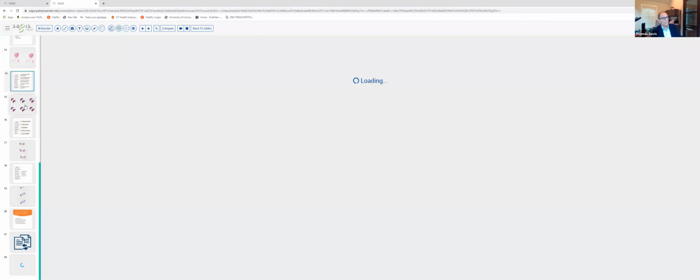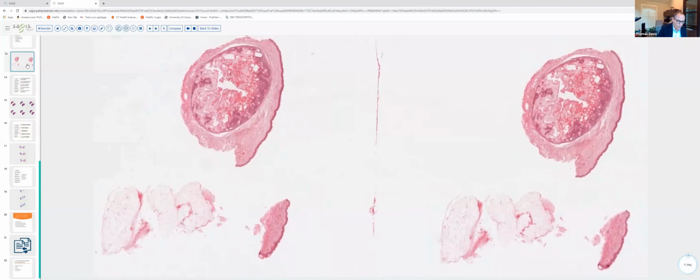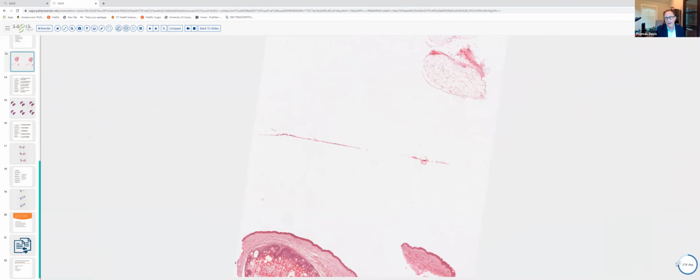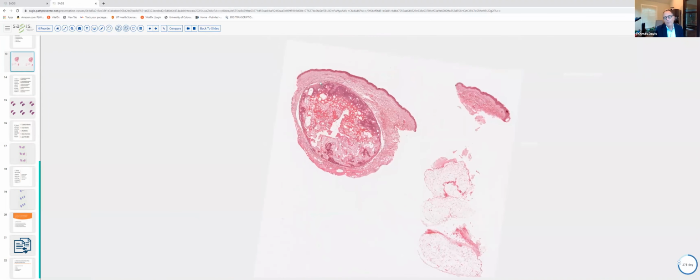Okay, let's go ahead and move on to our next case. Again, we're still kind of in the realm of adnexal tumors. And in this particular biopsy specimen, we've got an epithelial neoplasm confined to the dermis. This was actually from an extremity. You can see there's a fair amount of fat here.